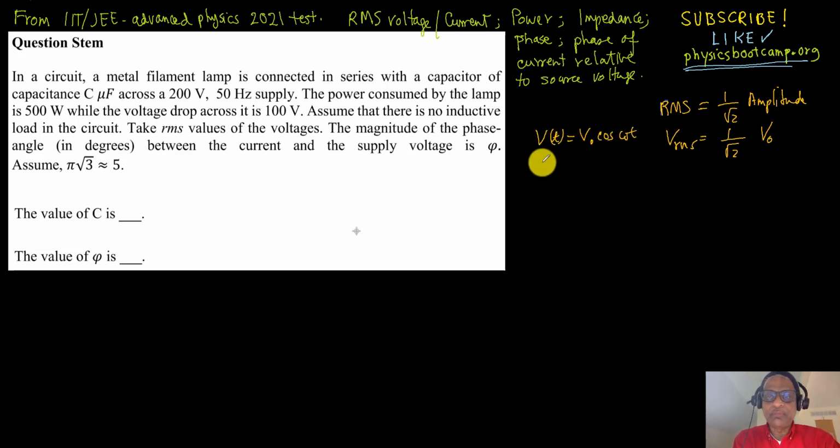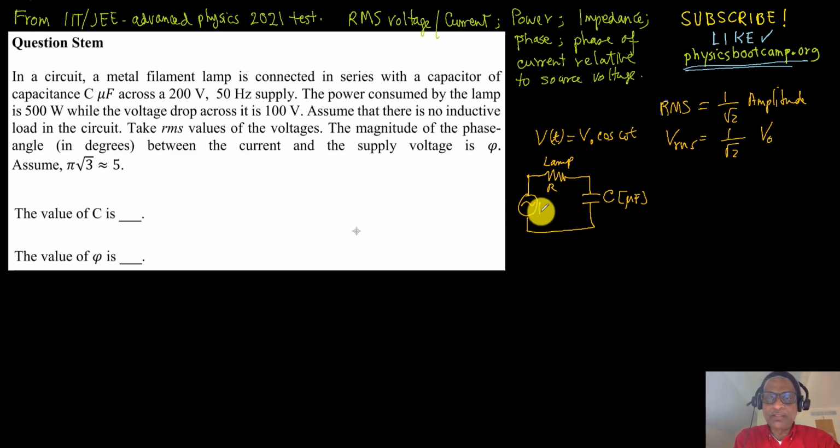So this could be the source. So here is the circuit. This circuit here looks like this. This is the lamp of resistance R. And then there is a capacitor of capacitance C, in units of microfarad we're supposed to use.